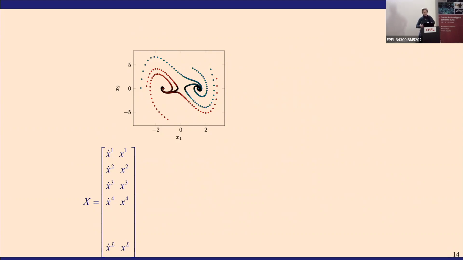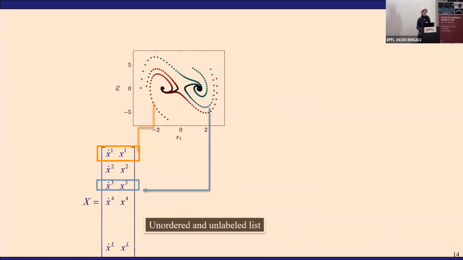So we can generate this to make sure that we have kinematically and dynamically feasible dynamics for the robots. So we have these data points, but they're unlabeled, okay? We just have a bunch of these positions and velocities that are observed. So it's an unordered and unlabeled list from a machine learning viewpoint.